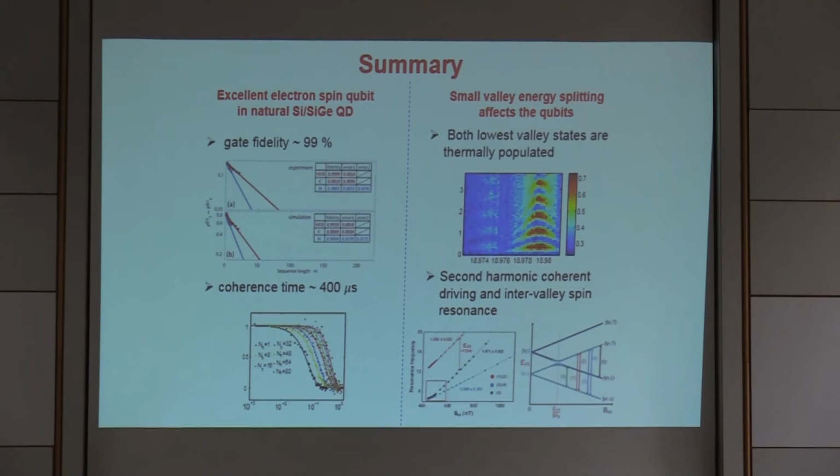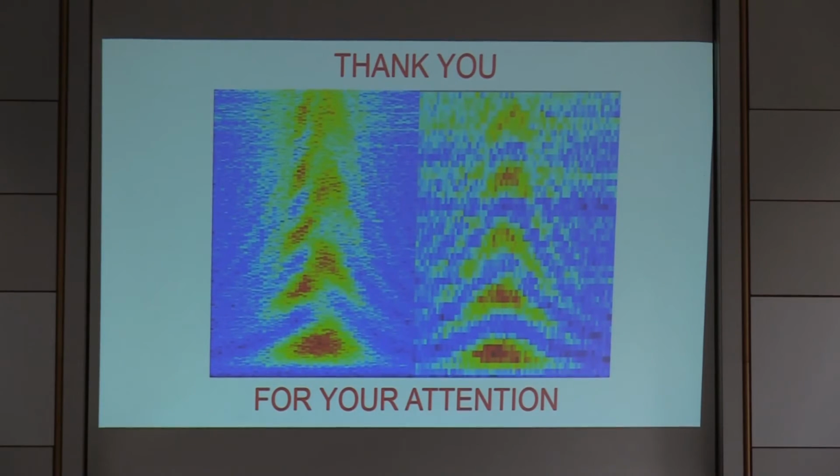But if you want to use silicon, you need to pay attention, because this extra degree of freedom, the valley degree of freedom, can make the whole energy scheme that you have to use to drive transitions quite a bit more complicated. So ideally, what you want is to increase your valley splitting to several times the Zeeman splitting, to be sure that you are just operating with your single electron spin. And with this, I would like to thank you for your attention.